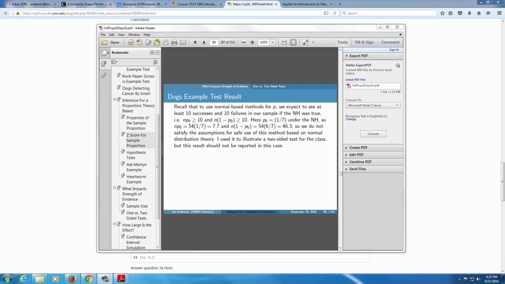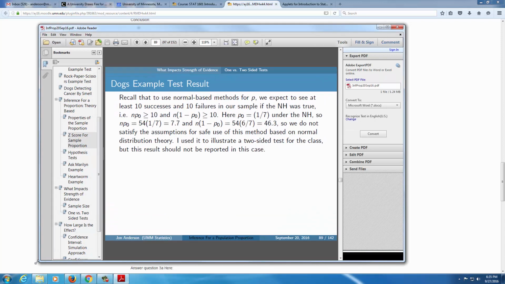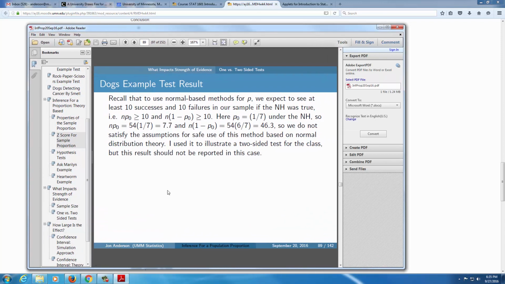Remember that the conditions for a hypothesis test are given in the notes on a slide like this one, where the number of successes expected, n times the null hypothesis p naught, has to be greater than or equal to 10, and the expected number of non-events, or the expected number of failures, n times 1 minus p naught, also has to be greater than or equal to 10.